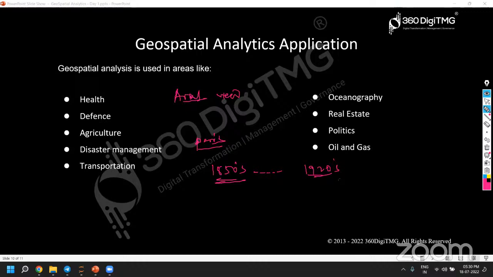In fact, in wars, the Cold War, World War II, they used these spy planes. Even today we have spy planes, which run at a very, very high altitude where no weapon can track them or bring them down.